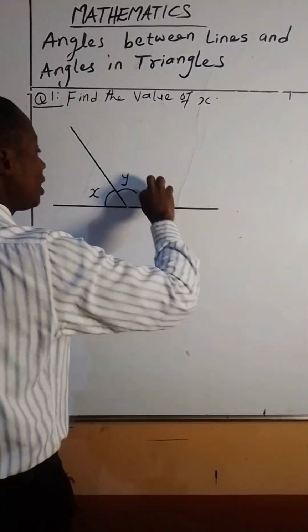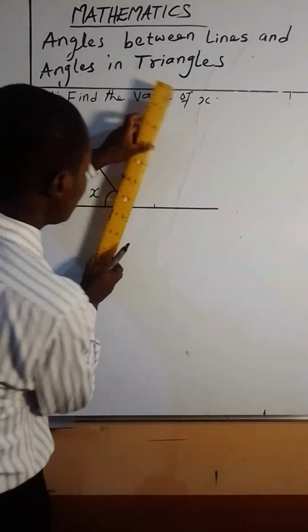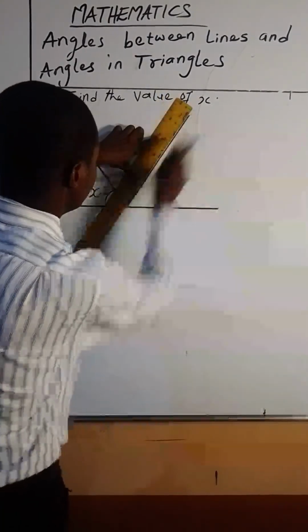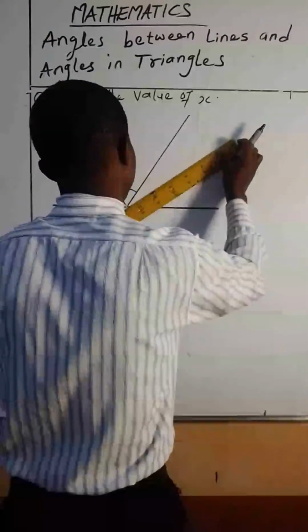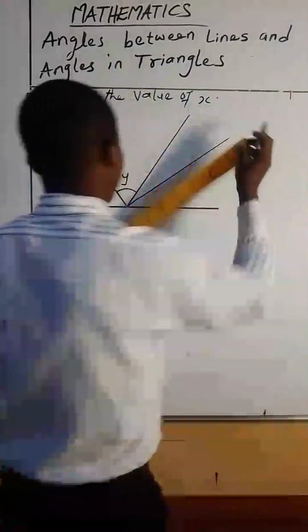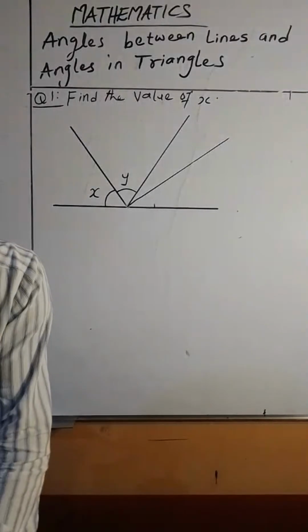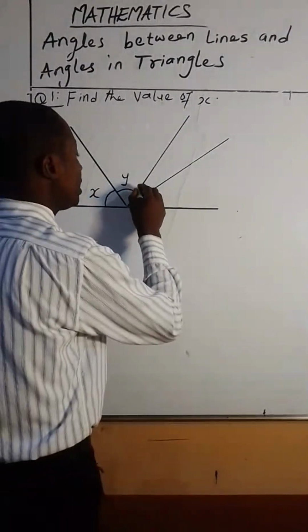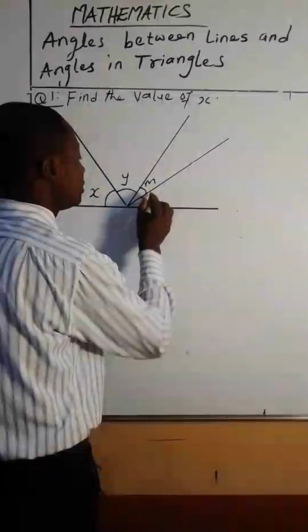We are given m here, and z. This is m and this is z.